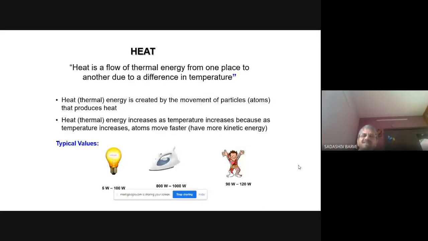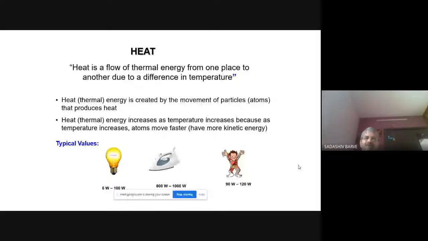Say, for example, the efficiency of the bulb is 20%, then the rest of the 80% energy is converted into heat energy. And this heat energy is transferred to the surroundings by virtue of either convection or radiation, which I will explain.